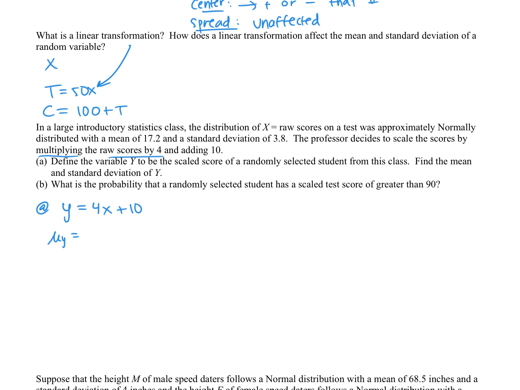So all we do is we take the mean of x, which is 17.2, we multiply it by 4, and we add 10. I have no idea what that is. Can somebody do that, please? Thank you.